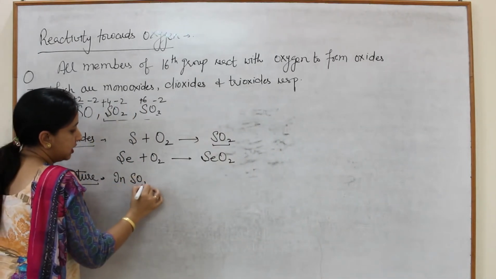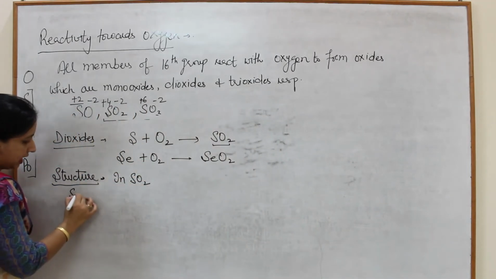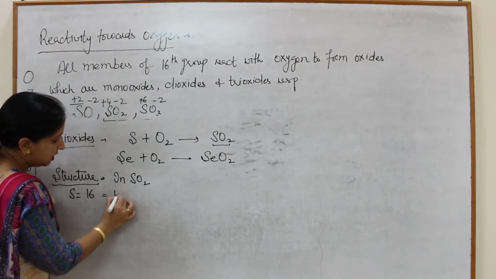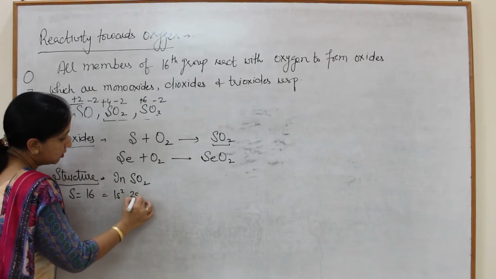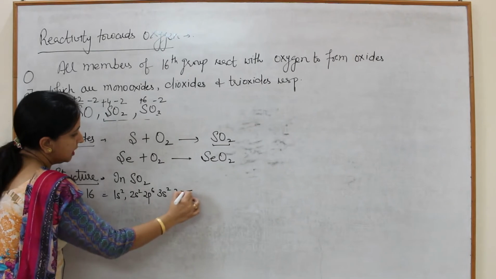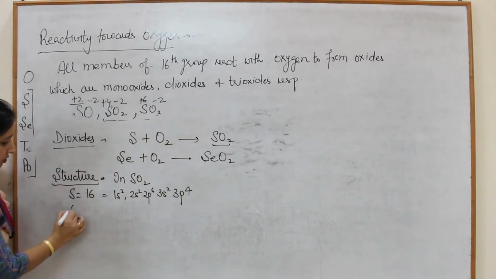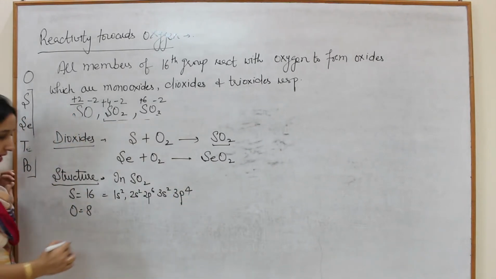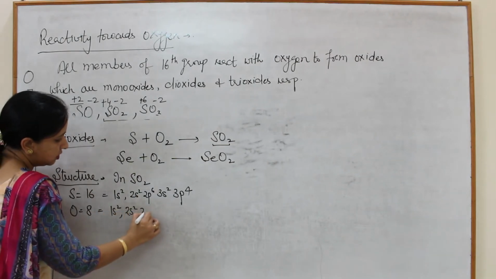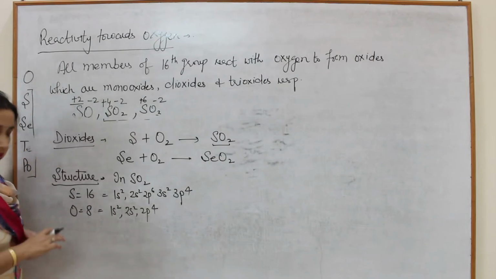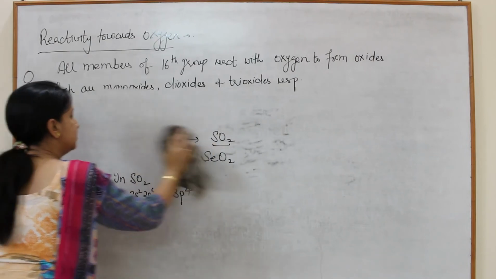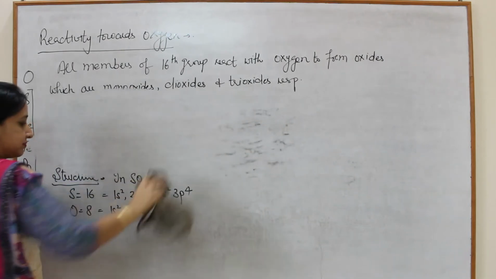In sulfur dioxide, sulfur has atomic number 16. So its configuration will be 1s2, 2s2, 2p6, 3s2, 3p4. And in case of oxygen, it has atomic number 8. So it will have configuration 1s2, 2s2, 2p4. So how do they react with each other to form sulfur dioxide?